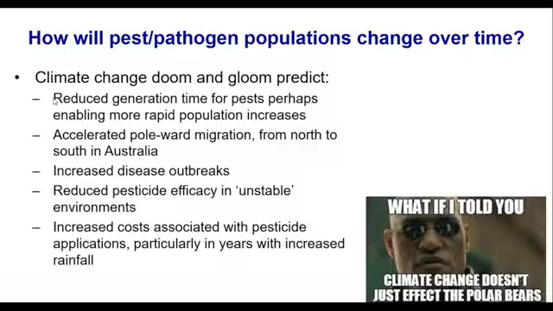I personally find that one hard to swallow, but if there are increased rainfall events, then potentially that is a possibility, as indicated in this last point. So certainly for some pests in some crops, maybe some of these things will be an issue. But I tend to think that the outlook isn't as bad as that, hopefully.